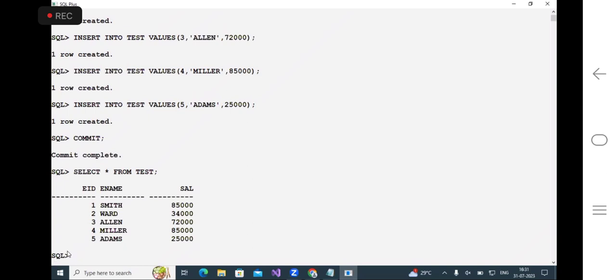Here I kept five employees' details in this table, and I need to find the first highest salary employee details from this table.